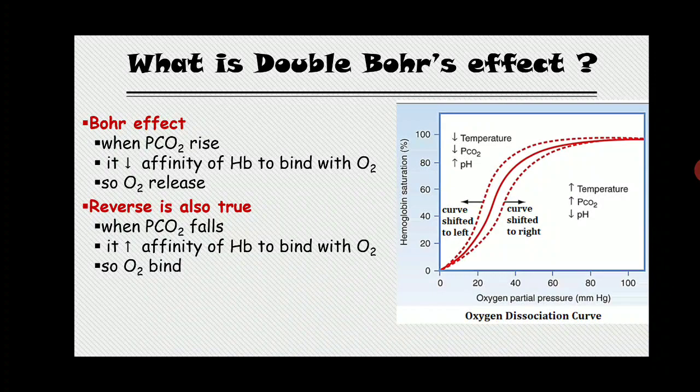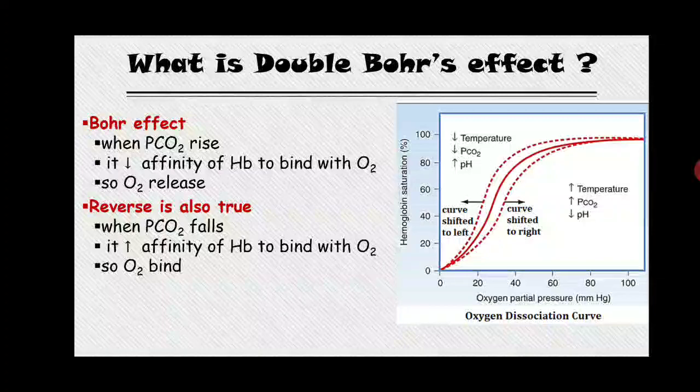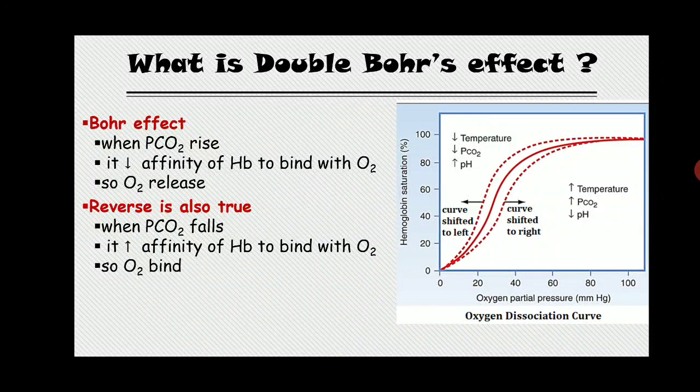It also makes more carbon dioxide. So at the level of the placenta, fetal circulation carries a higher amount of carbon dioxide. This carbon dioxide will diffuse from the fetal circulation to the maternal circulation. Got it? Carbon dioxide will diffuse from fetal circulation to maternal circulation.